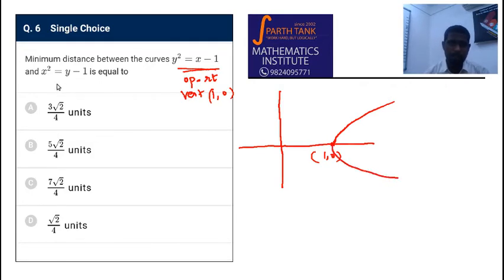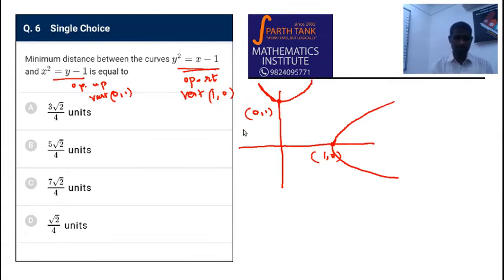Okay, and this parabola opens up and vertex is 0, 1. So this is going to be from 0, 1 and it opens up. And both these parabolas are symmetric. If you rotate this parabola by 90 degrees, you get this, right?